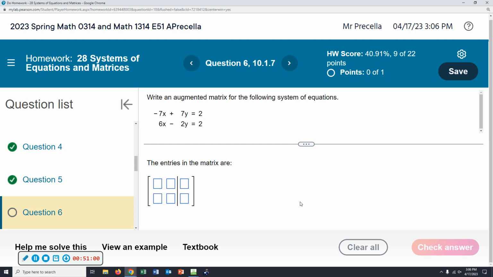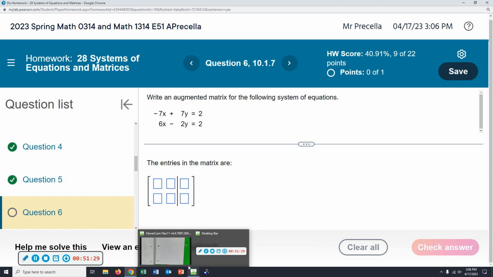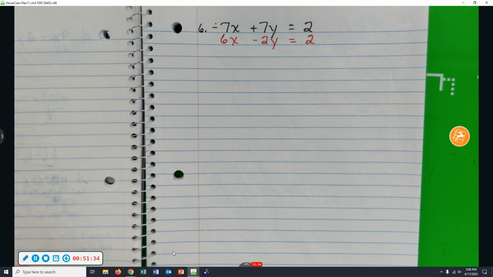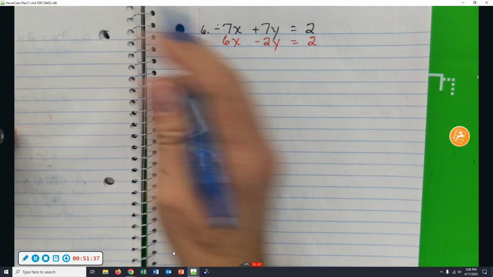I'm going to go ahead and write this down. -7x plus 7y equals 2. 6x minus 2y equals 2. It says write the augmented matrix.